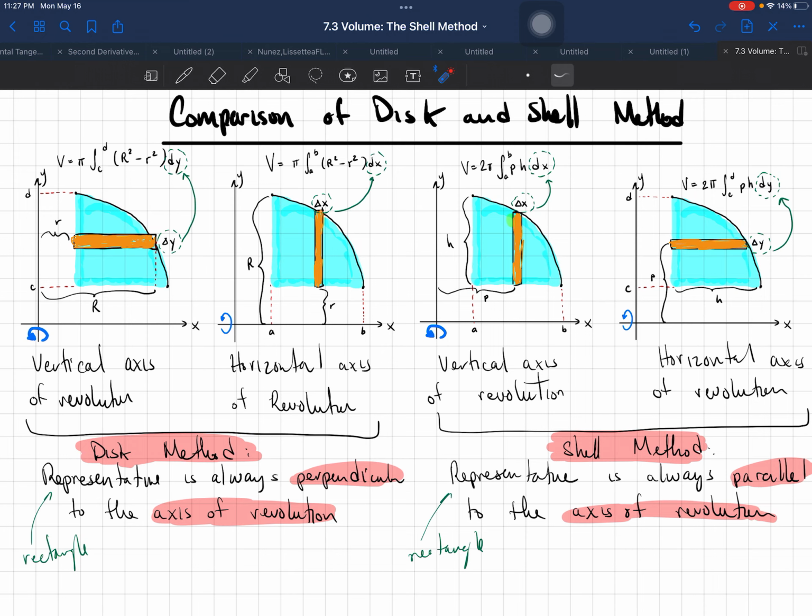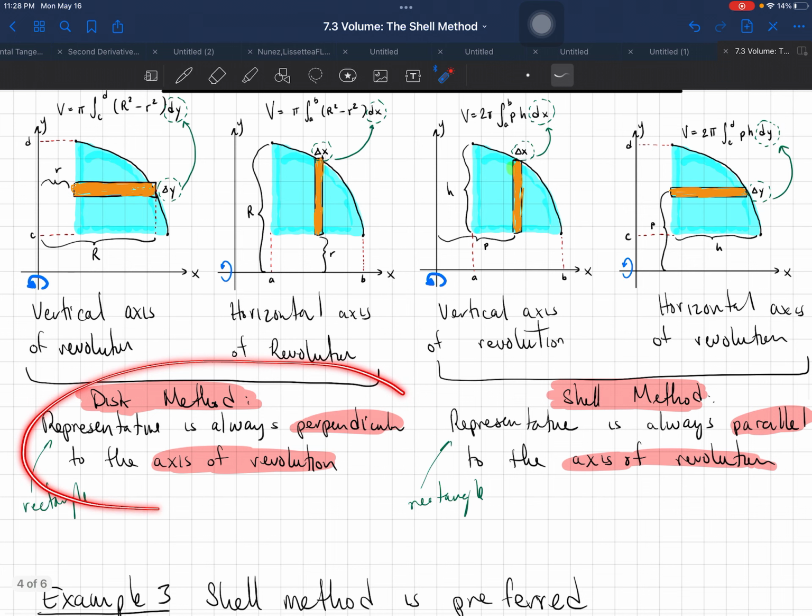And so if you notice again, where is the axis of rotation? Right here. The representative rectangle is, again, perpendicular to the axis of rotation, versus over here, the representative rectangle is parallel to the axis of rotation. And that's actually true.